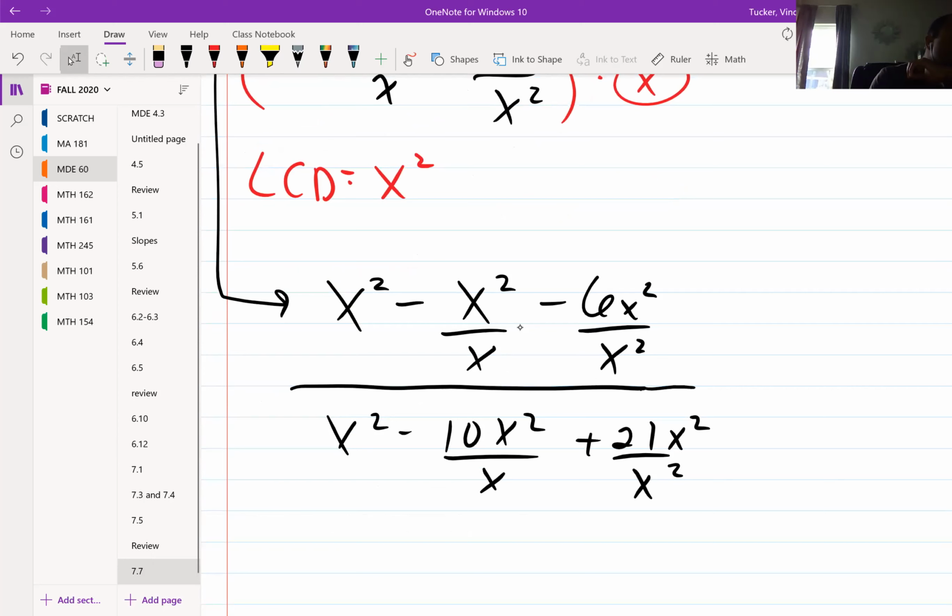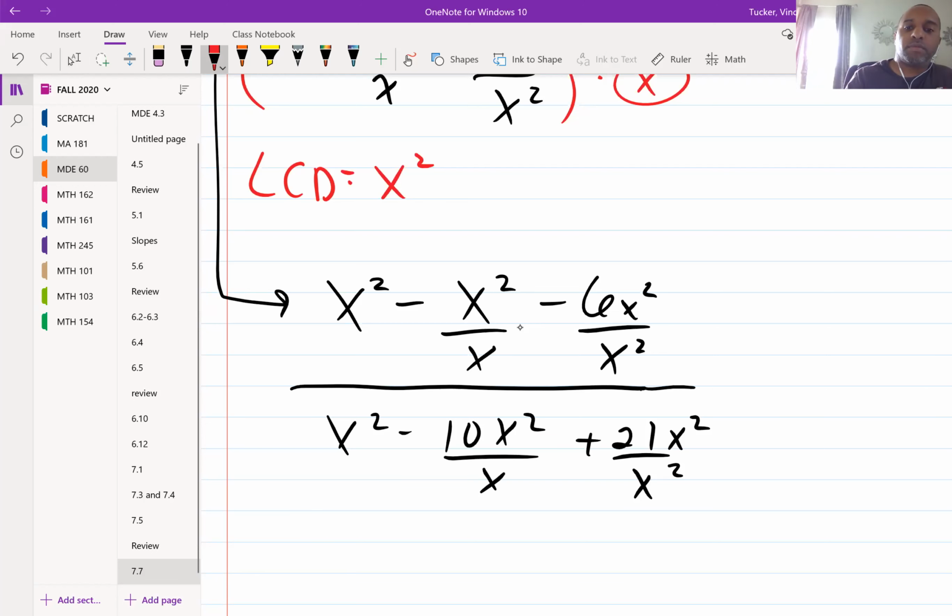Questions before we look to cancel out anything? You can cancel. Wait. Say that again. Can't you cancel out the x squared in the center, in the numerator, with the x squared at the bottom, in the denominator? Yep.